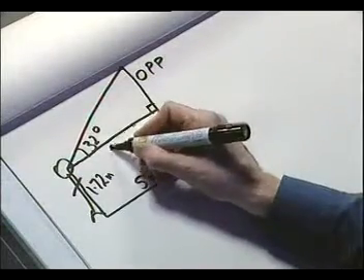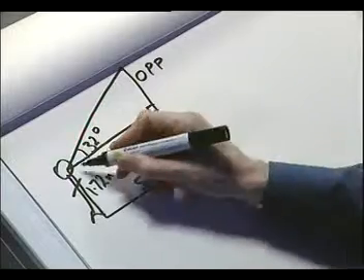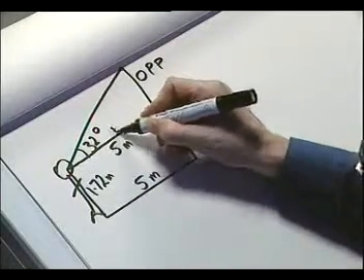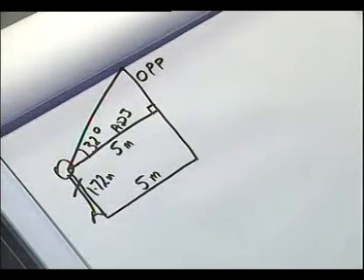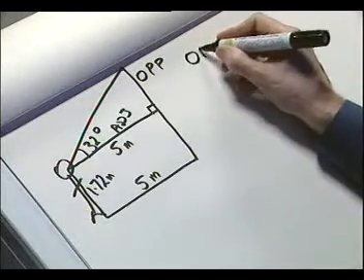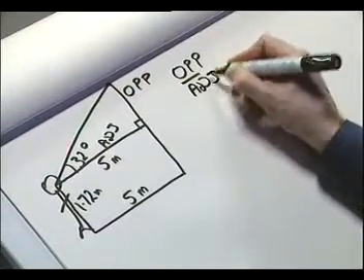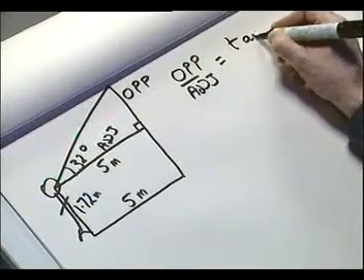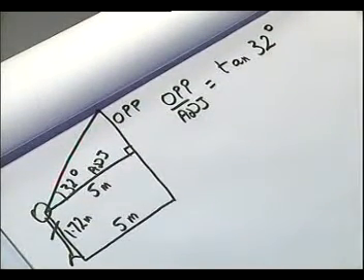This side is 5 metres. It's the side that we know, and it's also adjacent to the angle. So what trig ratio links opposite and adjacent? Well, the answer to that is it's the tangent. So the opposite over the adjacent is the tan of 32 degrees. Right.